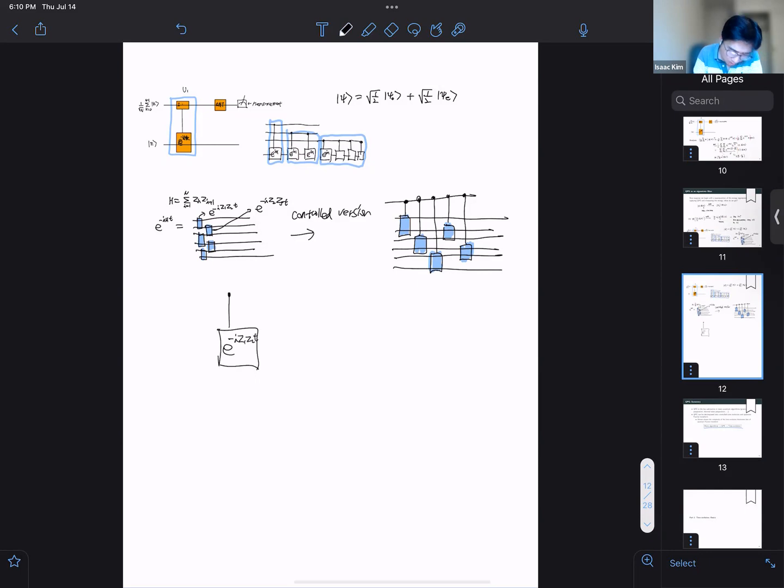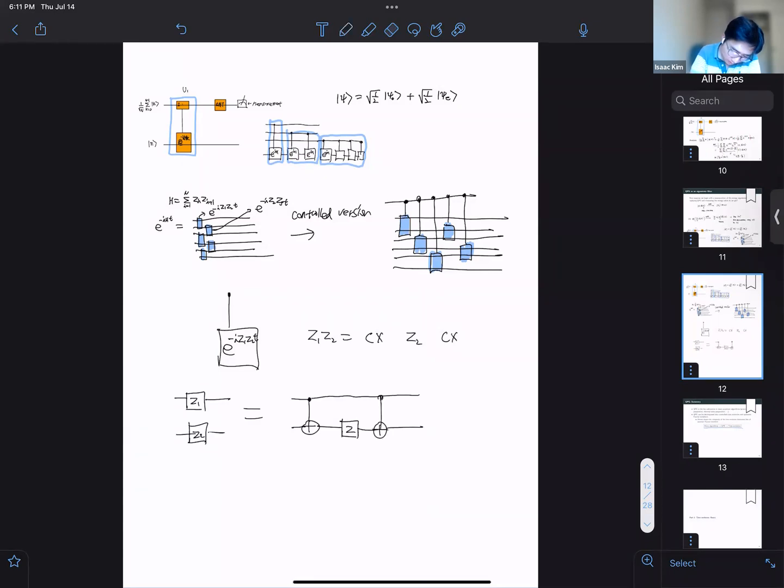C1, C2, T. And in this case, what I would do is something like this. It turns out that Z1 Z2 is actually equal to a CX, then a Z on the second qubit, then another CX. I guess I didn't need to write down 1 and 2, but this is a fact. It's something that you can verify.